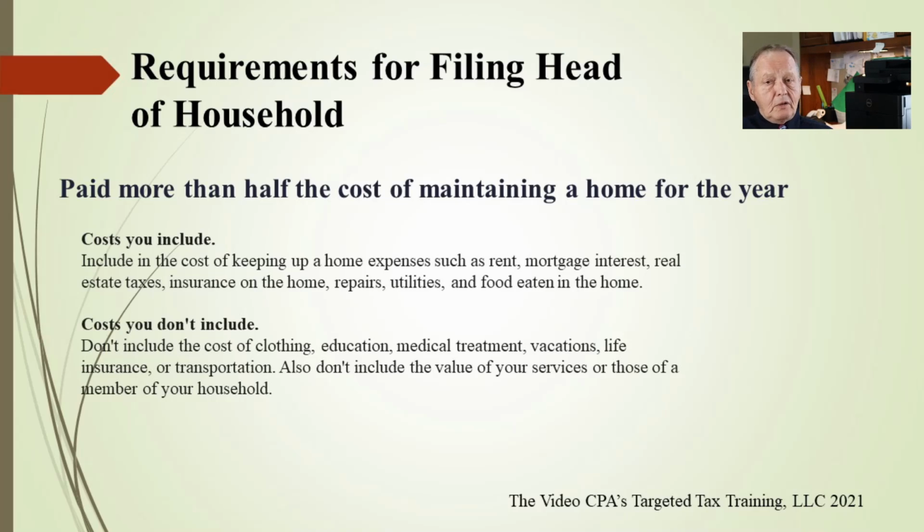Food eaten outside the home doesn't necessarily count, okay? So you take those costs into account. Add those up and compare them to what somebody else may have paid for that home. And usually there is nobody else. You're the one that's maintaining the home.